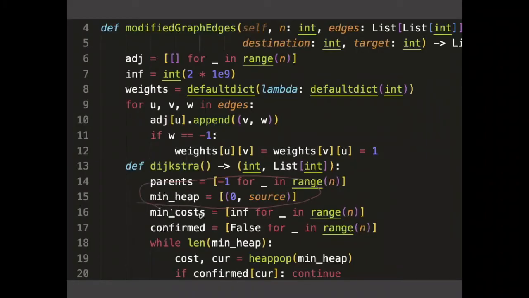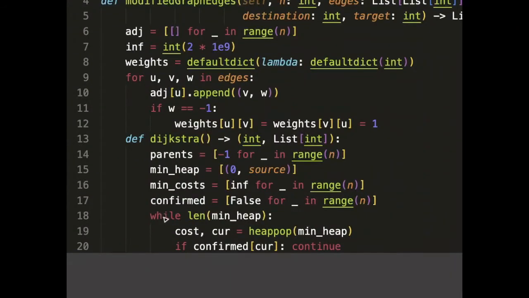Other than that, it's pretty standard for the Dijkstra algorithm. We need a min heap, and we keep track of the min cost from source to everything else. And then confirm is an array indicating whether we have reached the absolute smallest min cost or not.